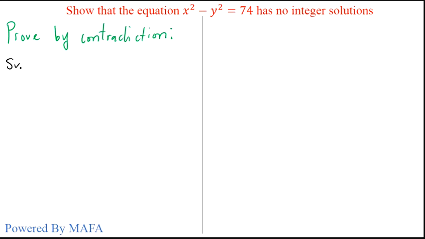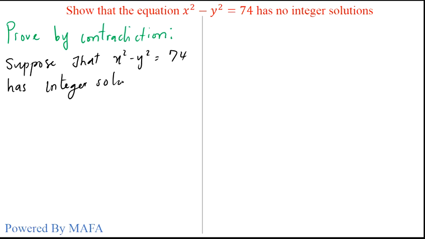So suppose that x squared minus y squared equal to 74 has integer solutions. So we have supposed a falsity of the statement. Now if it has integer solutions, that is what we have supposed, we now prove that this is impossible.